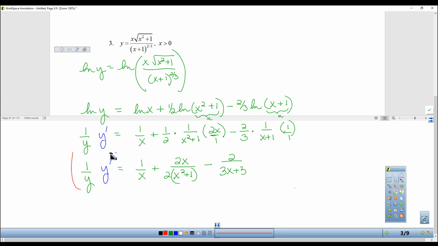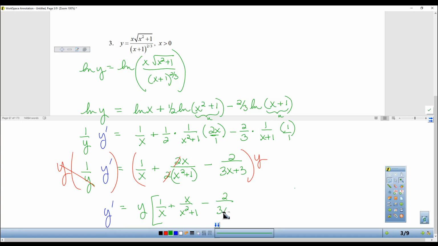Now I'm going to multiply both sides by y. And I'm going to clear that too. In order to clear these y's, and my final answer is y prime is equal to y times 1/x plus x over x squared plus 1 minus 2/(3x plus 3).